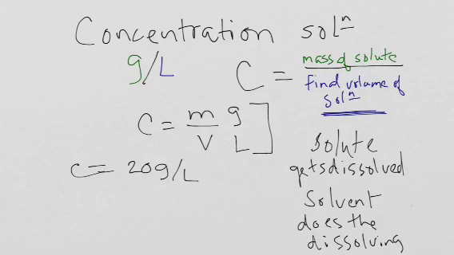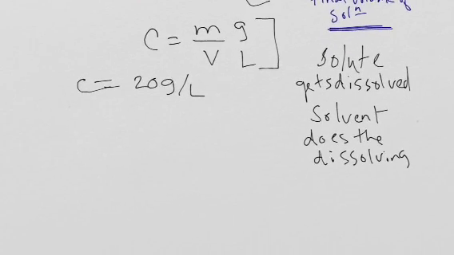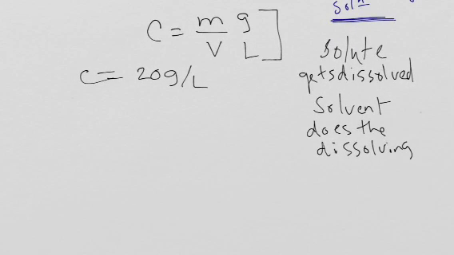This implies that if I actually make this solution, it's going to look like this. I'm going to have a big beaker, and my 1 liter mark is up here. Before I put the water in there to do the dissolving, I'm going to put 20 grams of powder, and then I'm going to raise the volume.